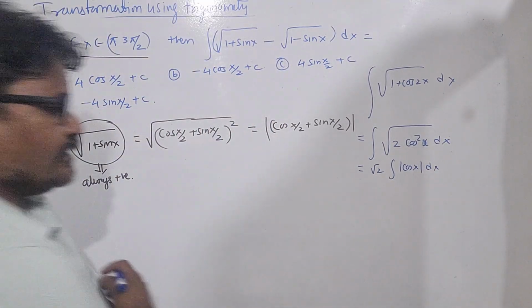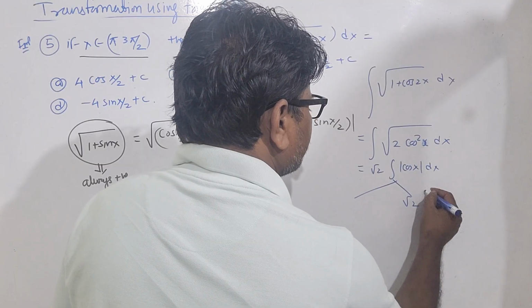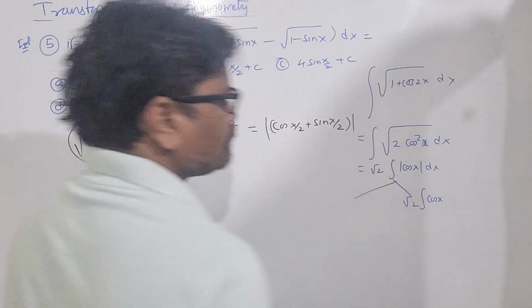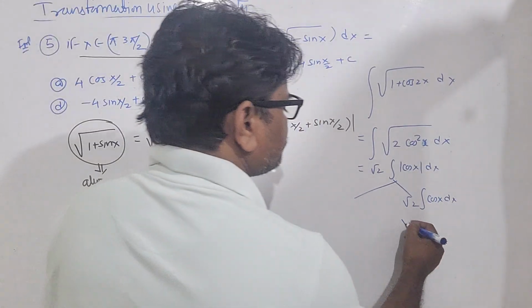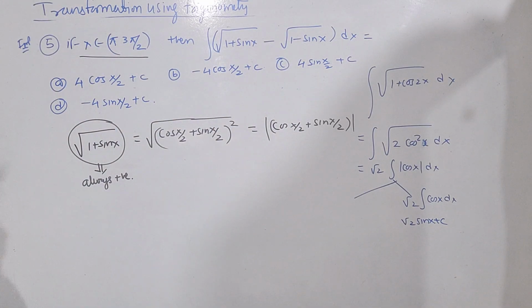So I said that I can integrate it in two ways. In indefinite integration I will simply take the positive of this modulus of cos x. So therefore this is root 2 sin x plus c. I have already explained this in the last videos.